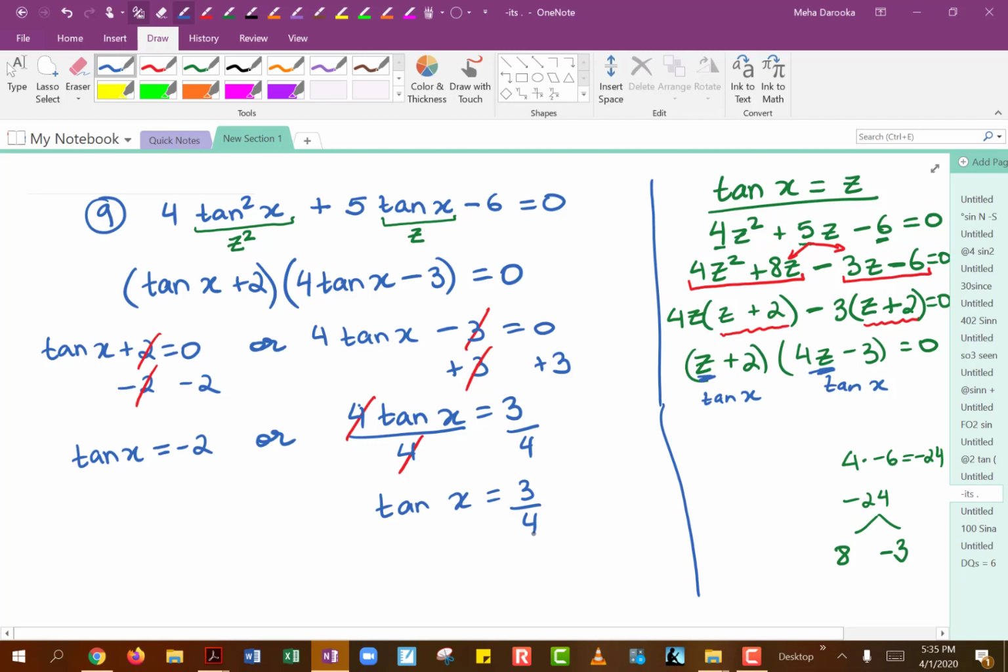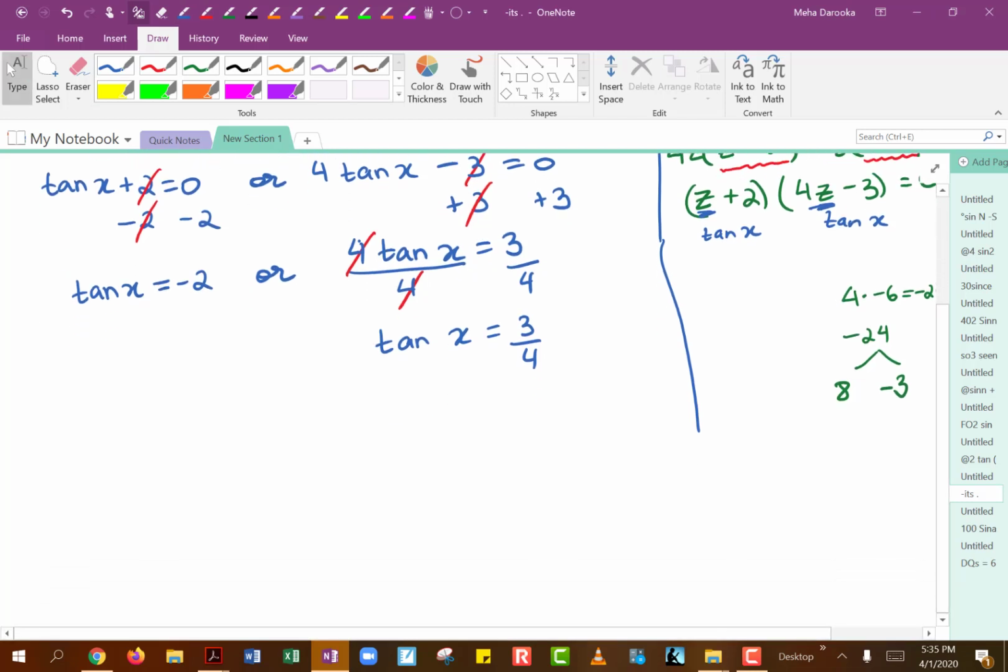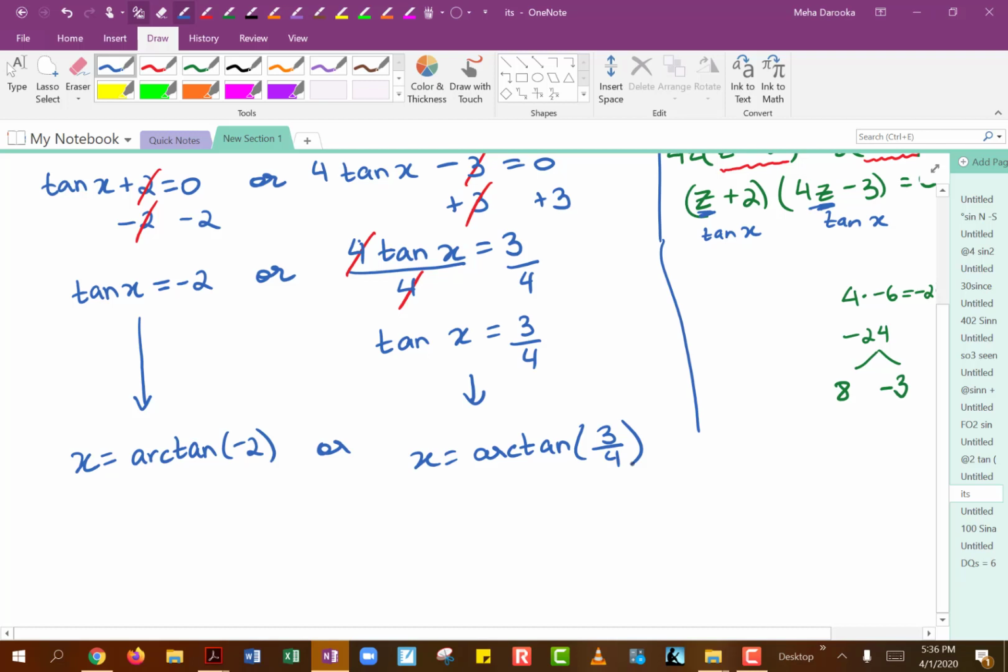Okay. So remember, now we use the inverse tan function here. So for this guy, we will have x equals arc tangent of negative 2. And for this guy, we will have x equals arc tangent of 3/4.